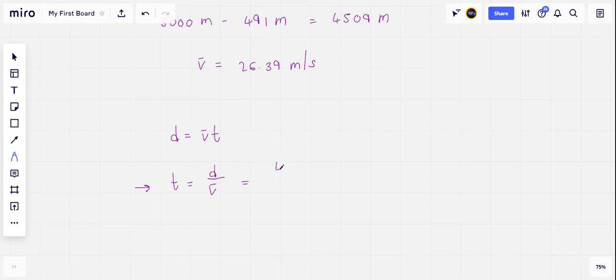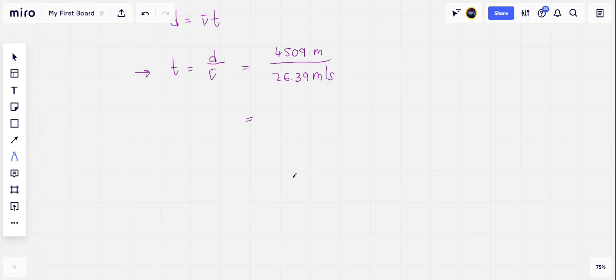And so this is 4,509 meters divided by 26.39 meters per second, which gives us a time of 170.86 seconds.